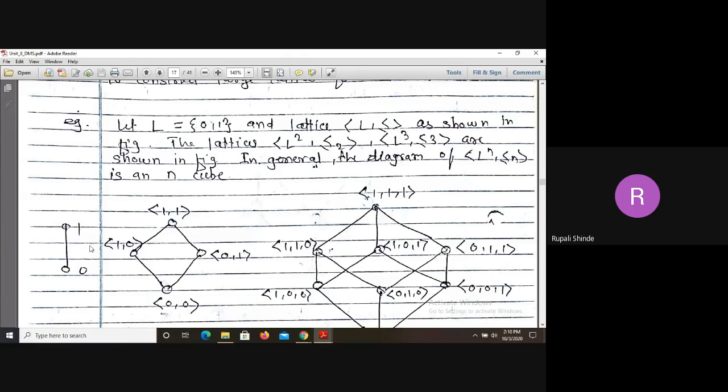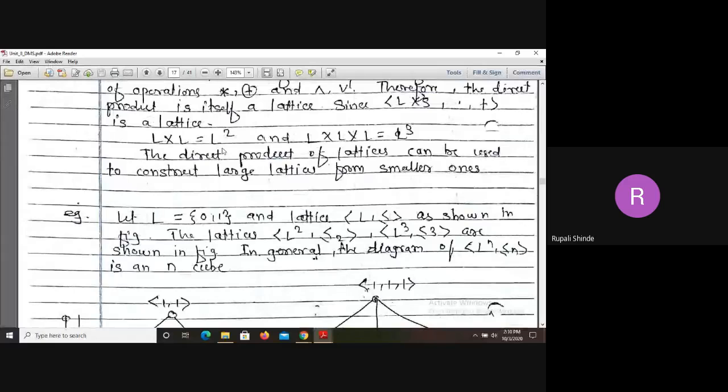L पासून आपल्याला एक bigger lattice तयार करायचे. तर त्यासाठी काय करावं लागेल? We can take direct product of L with L. That is L direct product L, and it will give you L2. Okay. So likewise again we can extend it or expand it by taking L direct product L direct product L.